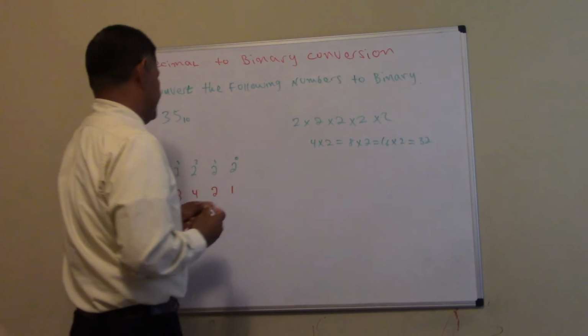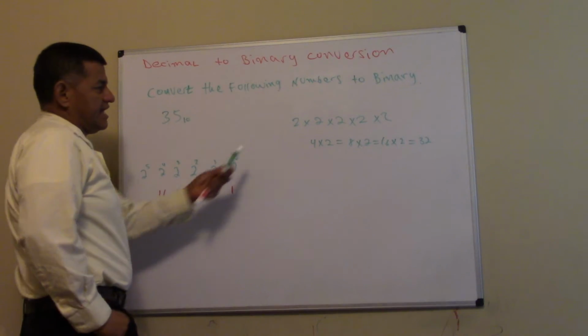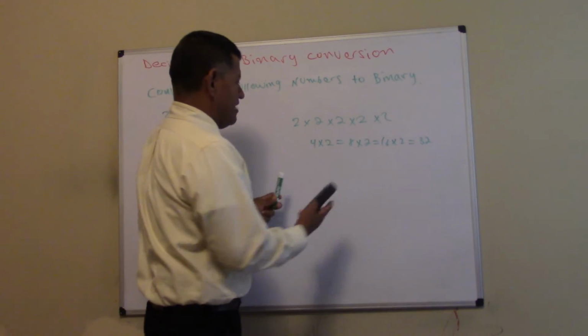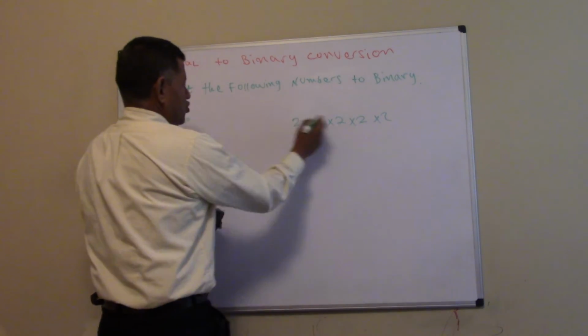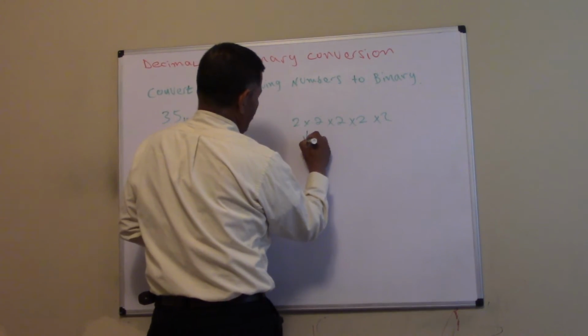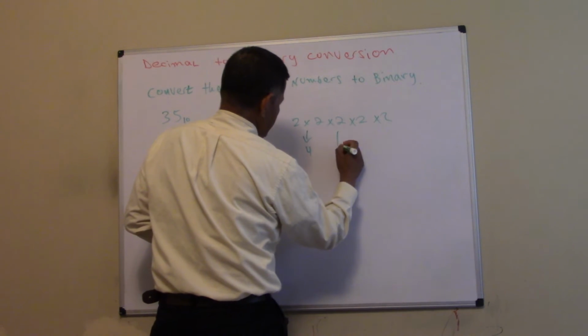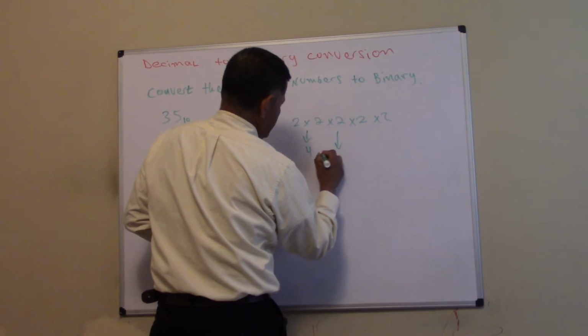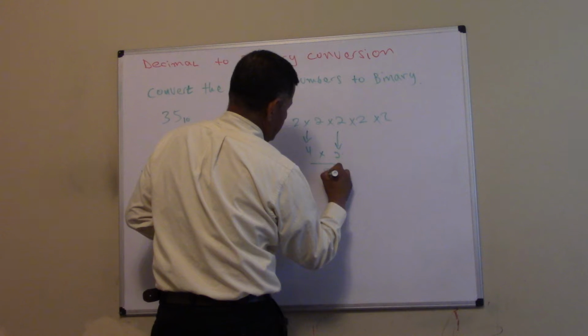Now, I think I am very clear how I did this. Okay, let me do this again, right? 2 times 2, this is equal to 4, right? And then I bring this down, right? So then times 2, right? Okay, so this is 8 here.